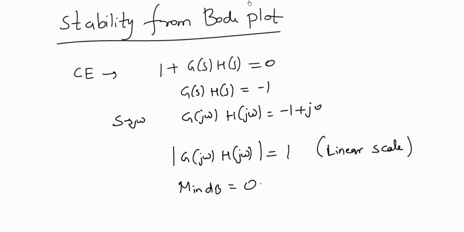So the frequency at which the magnitude is 1 in linear scale and it is 0 in dB scale is called the gain crossover frequency.